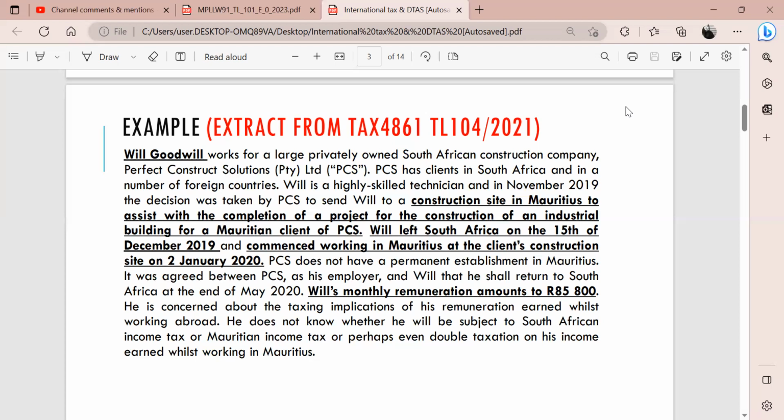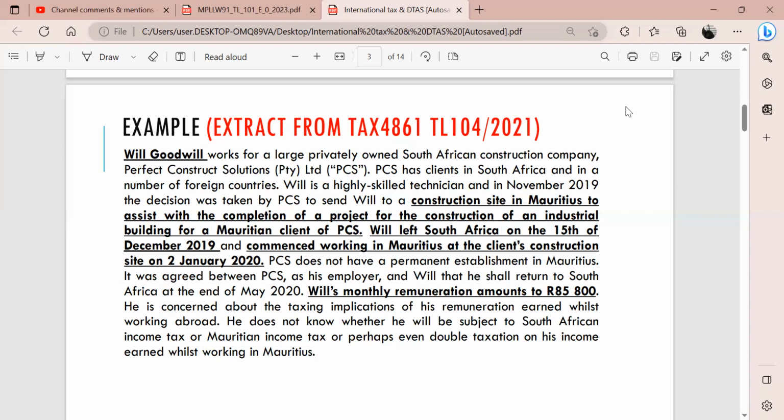Will left South Africa on the 15th of December 2019 and commenced working in Mauritius at the client's construction site on the 2nd of January 2020. PCS does not have a permanent establishment in Mauritius. It was agreed between PCS as his employer and Will that he shall return to South Africa at the end of May 2020.